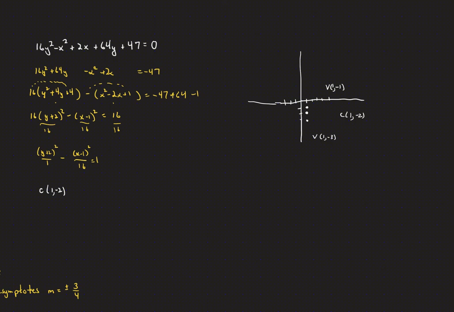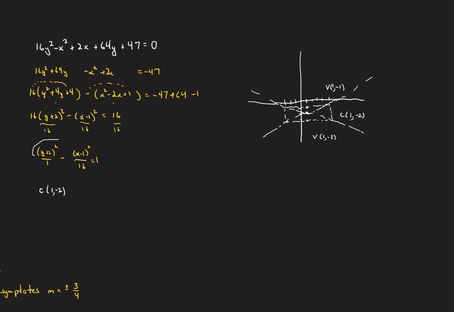So we'll use this now to draw our rectangle so that we can then get our asymptotes as the diagonals of that rectangle. So we're going to go up this way and that way and here and here. For our asymptotes, we're going to use our point slope form.